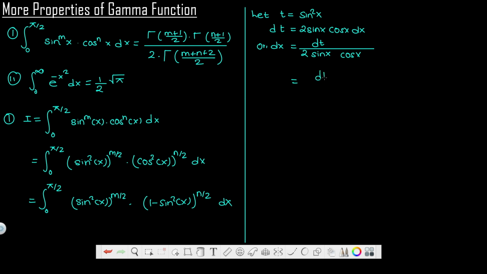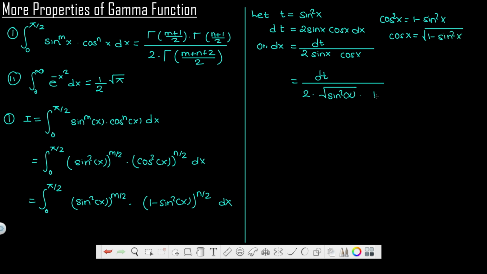Here sine x is the square root of sine square x, and since cos square x equals 1 minus sine square x, cos x is the square root of 1 minus sine square x.